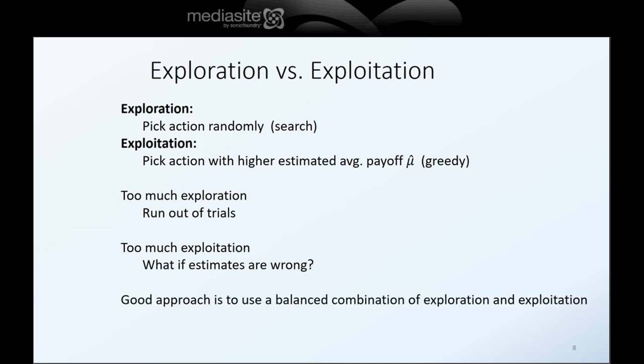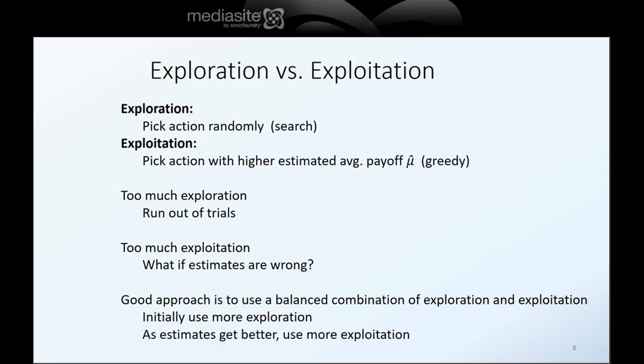So the correct approach is to strike the right balance between exploration and exploitation. Initially you use more exploration, and as the estimates become better and better from the number of samples, then you gradually begin to use more exploitation.